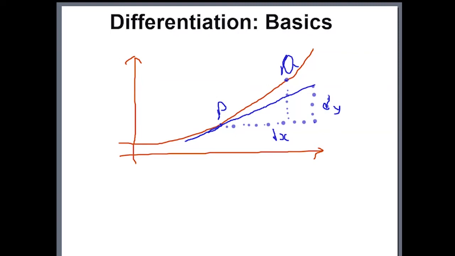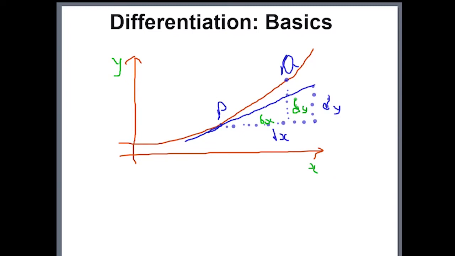Now at this point we're going to have our delta y over delta x. Notice that we use delta x and delta y to denote the respective differences in the x and y values at points P and Q on the curve.